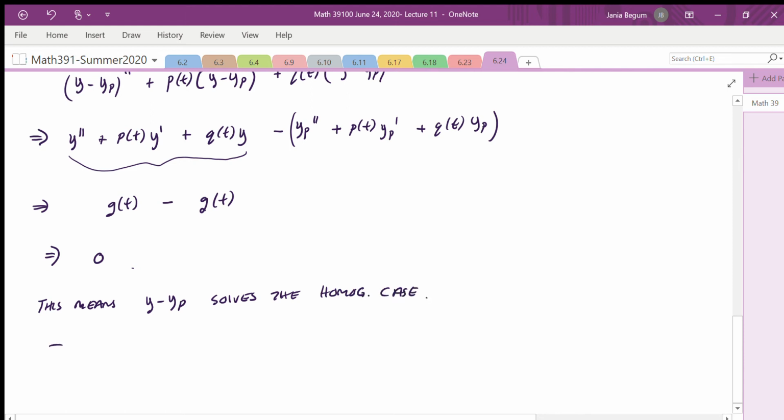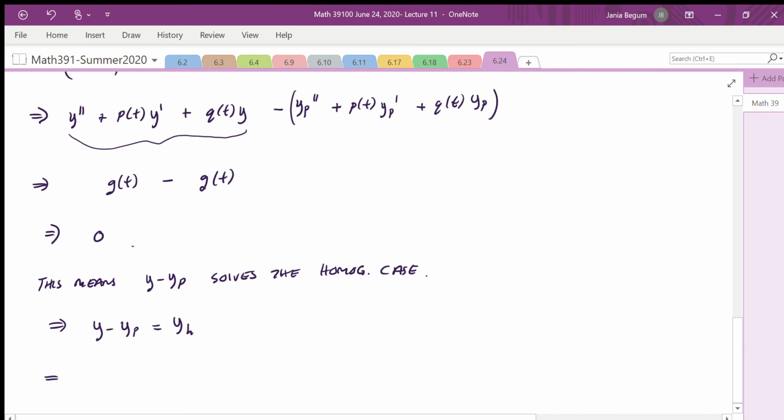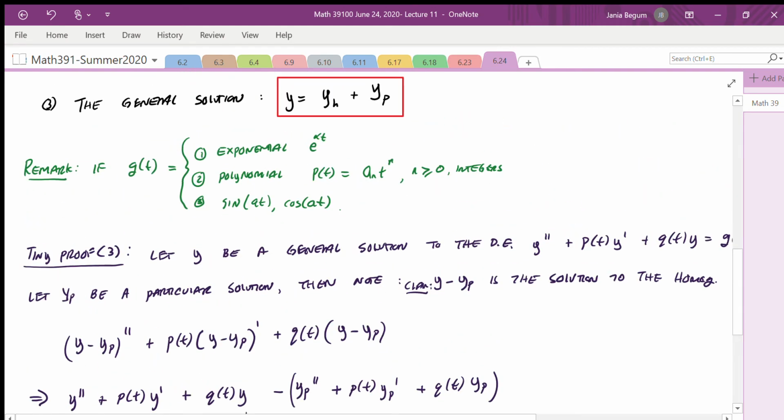So y minus yp is equal to yh, because that's how we denote homogeneous, and therefore we claim that y, which is the general solution, is going to be yh plus yp. And that was the claim we wanted to prove. So that's the proof of statement 3 that we claimed when we were writing down the steps.